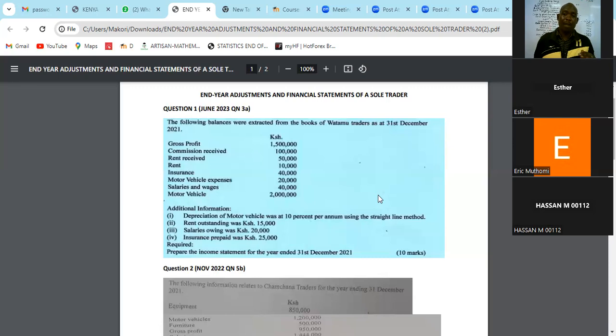And remember we said accruals come in many terminologies. It can be accrued, it can be written as outstanding, it can be written as owing, due, arrears, and unpaid. All those simply mean accrued, not yet paid. So that amount is supposed to be added to the amount already paid in the balances.